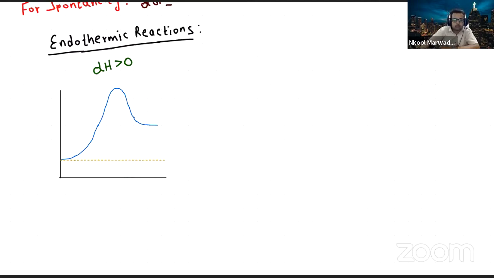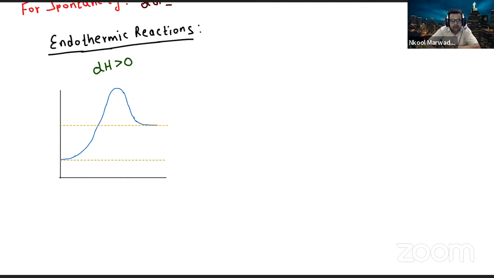Let me draw one more line. Okay. Now we can mark it. Whenever the reaction takes place, it takes place from reactants to the products.